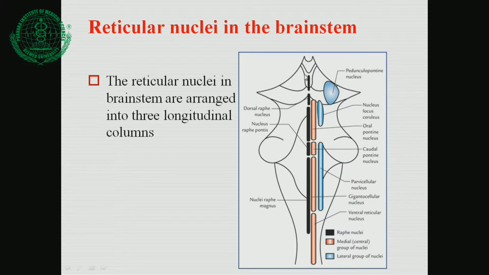So reticular nuclei are arranged into 3 longitudinal columns in the core of the brainstem.